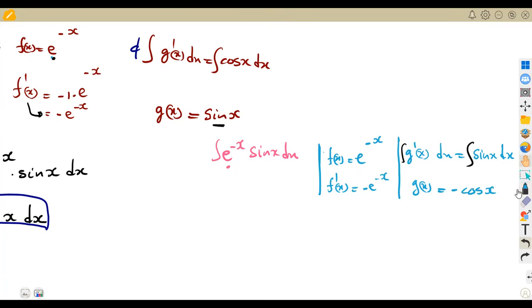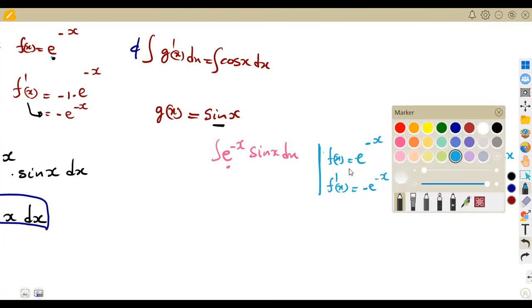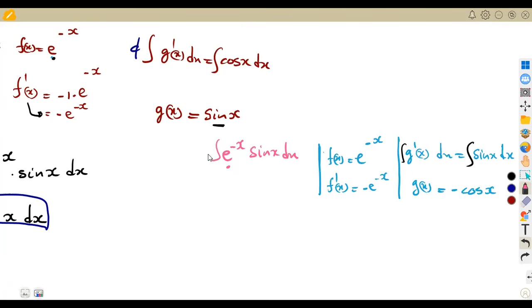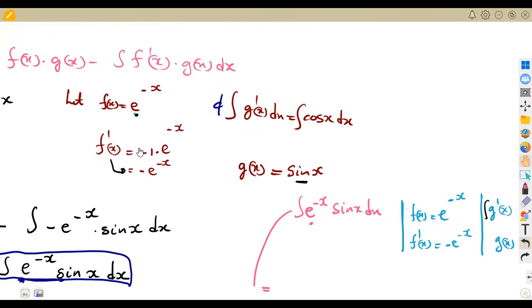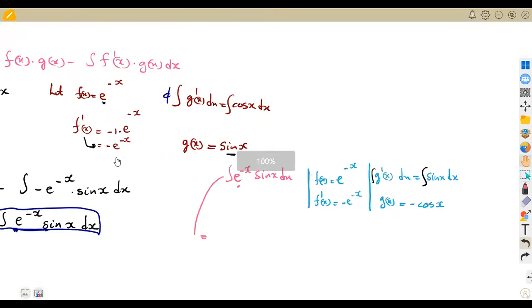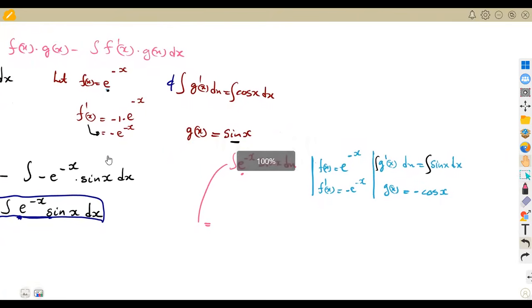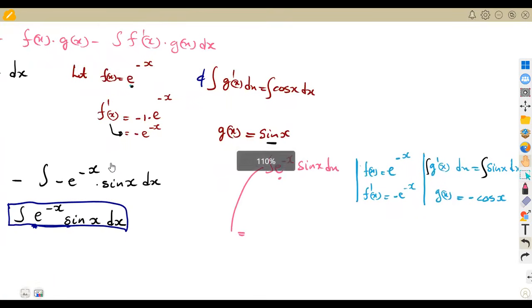All right, so we're going to substitute into the formula now. Remember our formula is f of x times g of x. This is our by parts formula. Let me increase it a little bit.